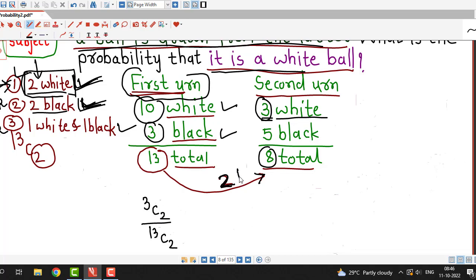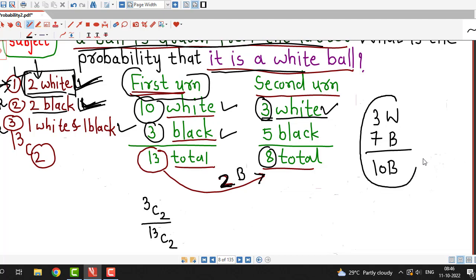Now if I put these 2 black balls into the second urn, then in the second urn I will have 3 white and 5 plus 2, that is 7 black balls. So now I have a total of 10 balls in the second urn, and I am selecting 1 ball out of 10 balls.